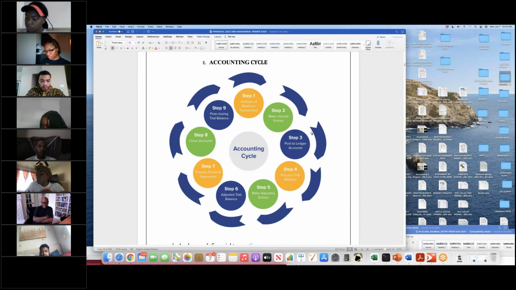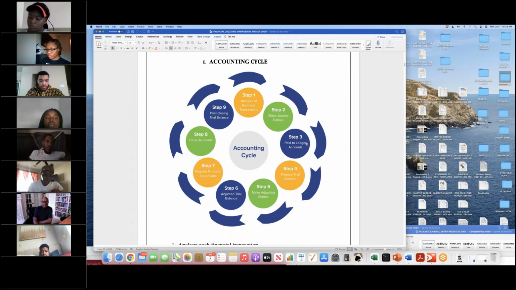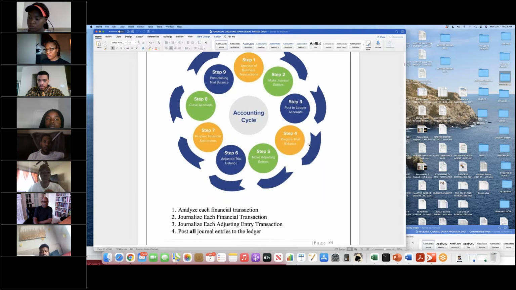We're supposed to have them in order now. When I looked at the 3 that were in, somebody was not in order. You have to have them in the same order as that chart of accounts. And then we just add them up to make sure our debits equal our credits.